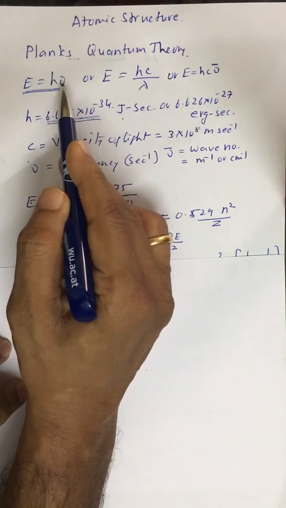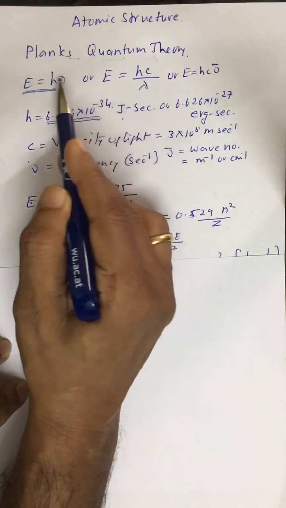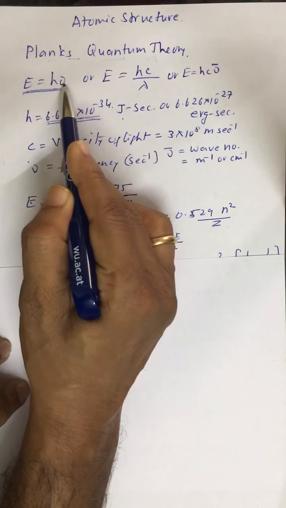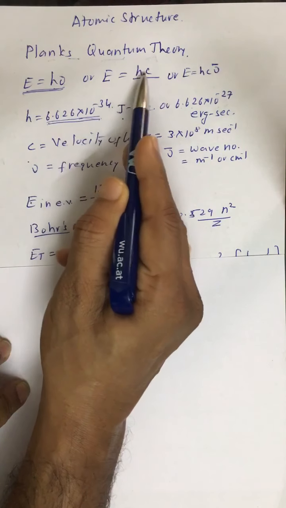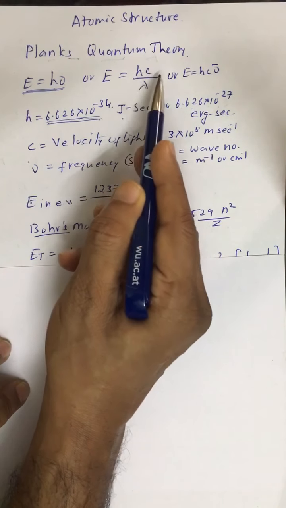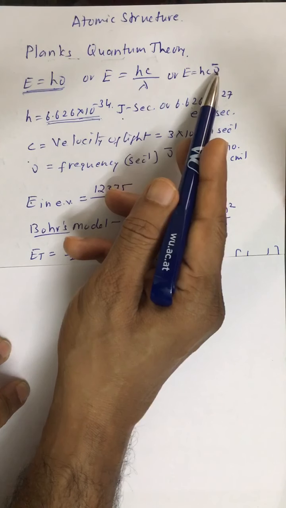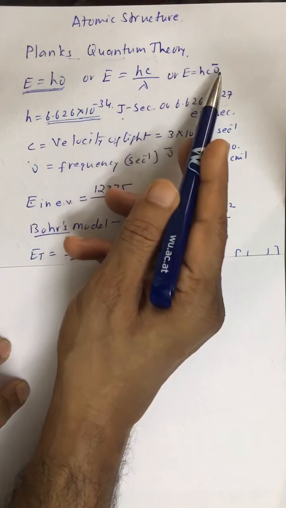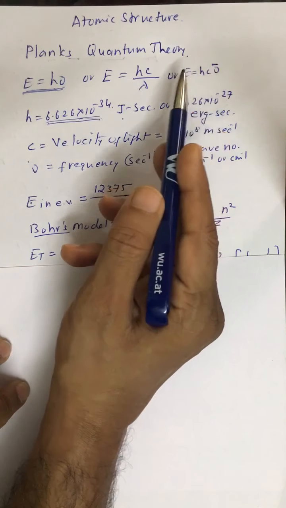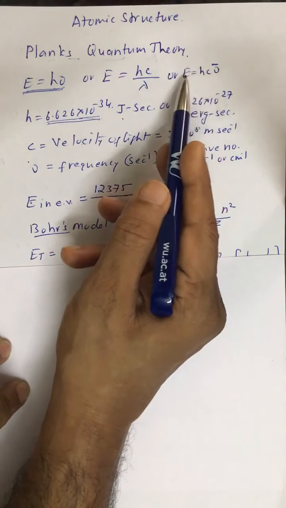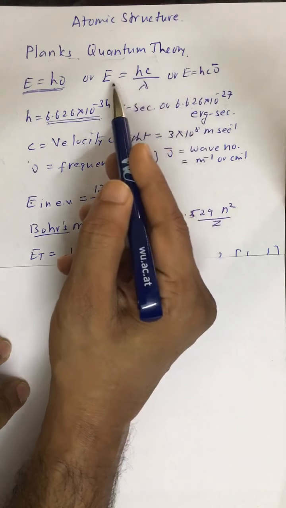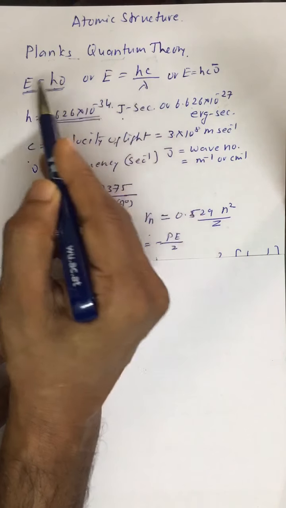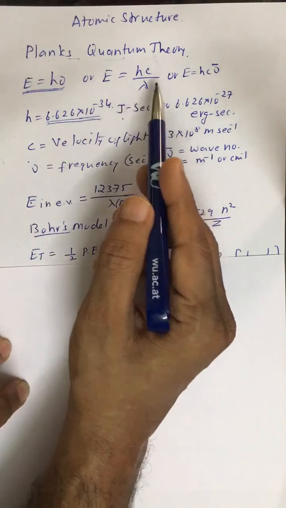And since nu is equal to c by lambda, you can also say E is equal to h nu, or E is equal to hc by lambda, or 1 by lambda is actually wave number, nu bar. So E equal to hc nu bar, E equal to hc by lambda, or E is equal to h nu.